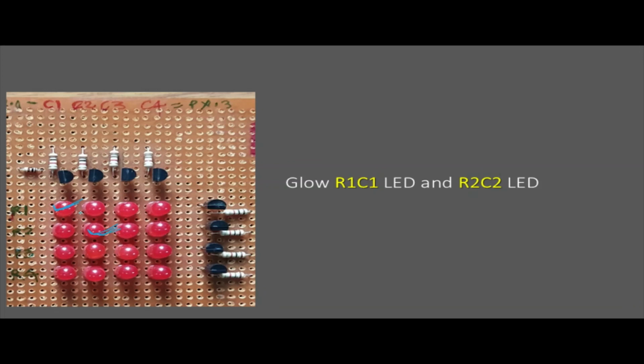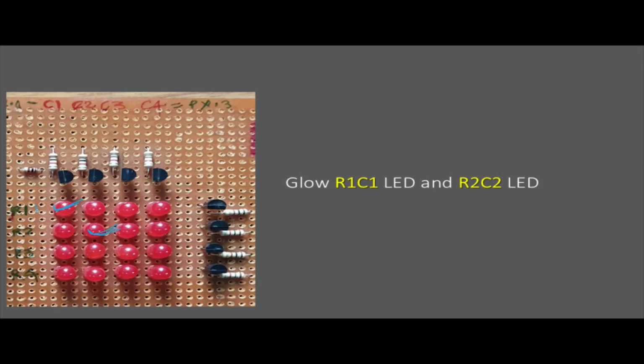At one instant only one LED is on, and we are switching at such a fast rate that our eyes will not be able to distinguish them. So our eyes will feel that both the LEDs are turned on at the same time.